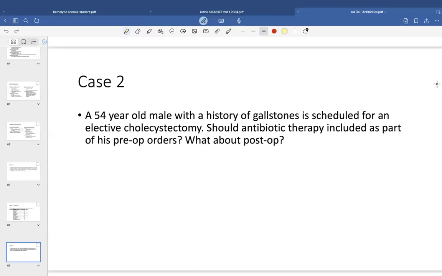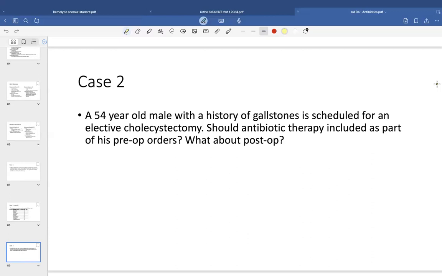An elective cholecystectomy is generally going to be fairly clean. It's a laparoscopic procedure, so the incision is minimal, and most of the surgeons will be okay if they are not prophylaxed, both pre-op and post-op.